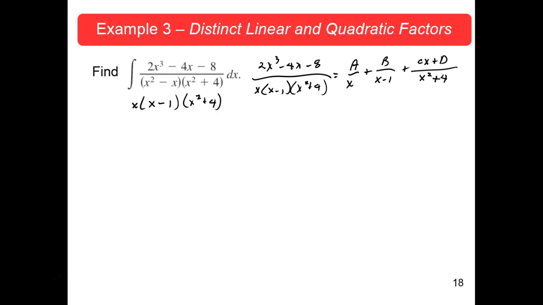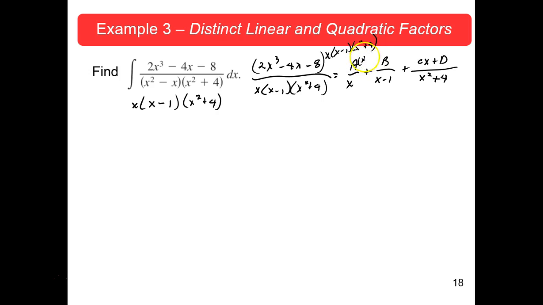Okay, now what do we do? What don't we like about that? Oh, yeah, the common denominator. We need to get rid of denominators, don't we? And how do we do that? Multiply by the common denominator. Yes, and we already have it. It's that whole factored form down there. So we multiply this first one by x times x minus 1 times x squared plus 4.